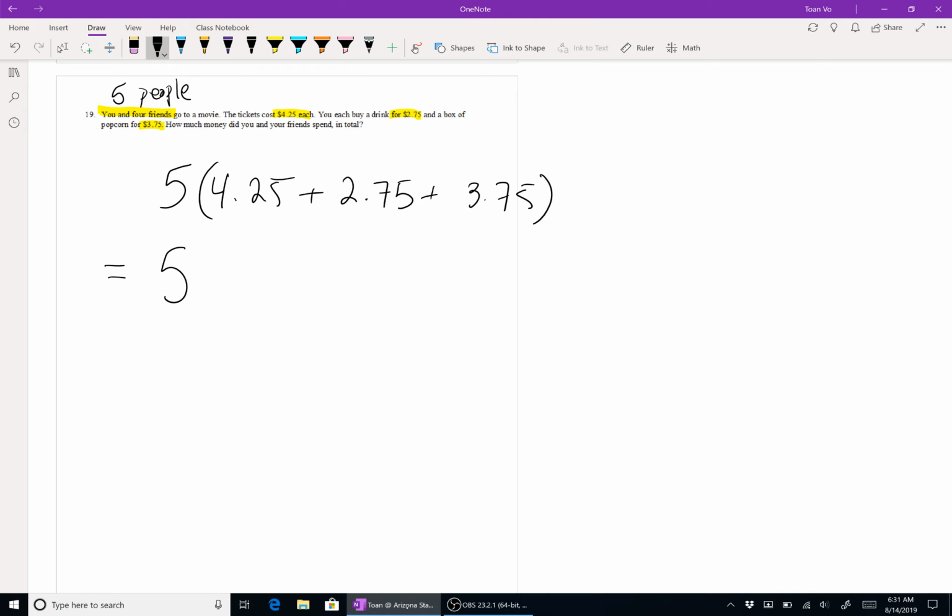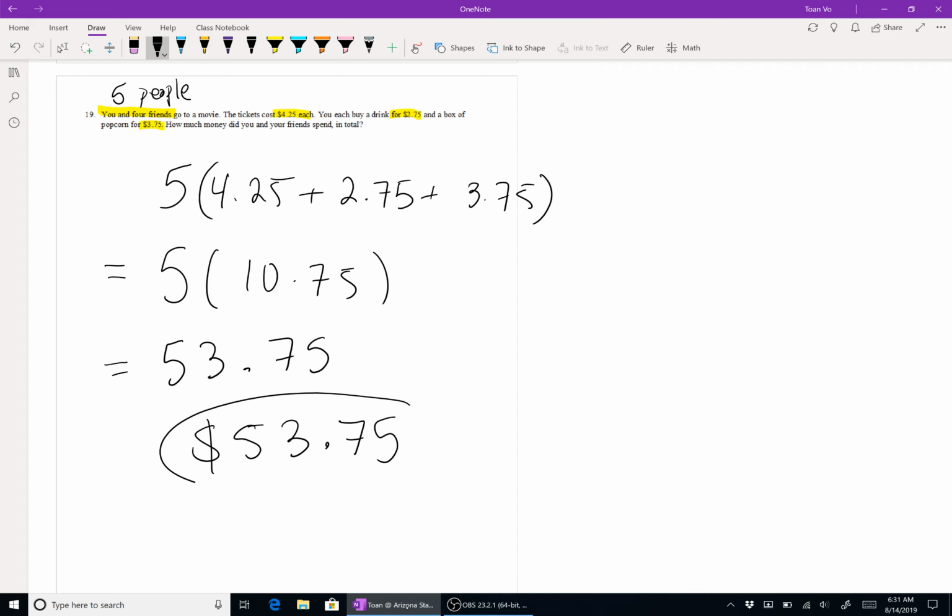So what is that? So $4.25 plus $2.75 is $7, plus $3.75 is $10.75. So you go ahead and multiply out $10.75 by 5 people, and you get $53.75. So you all total spent $53.75.